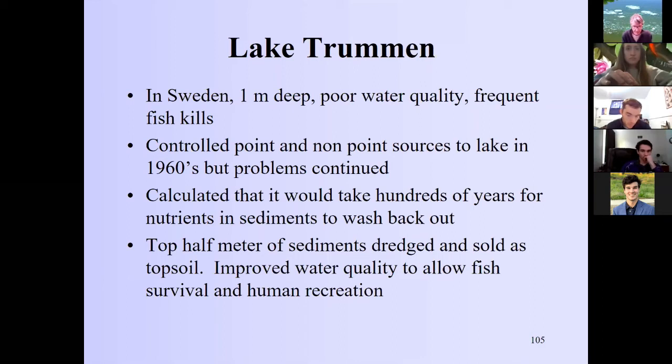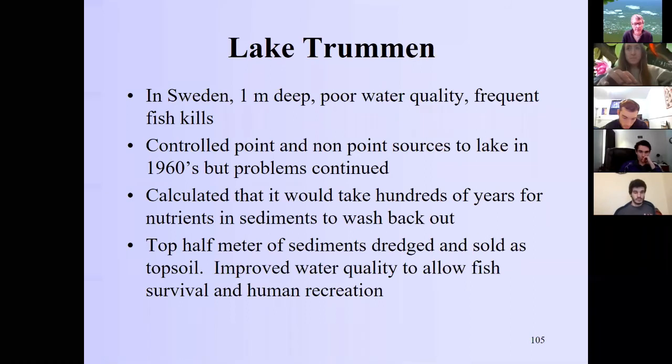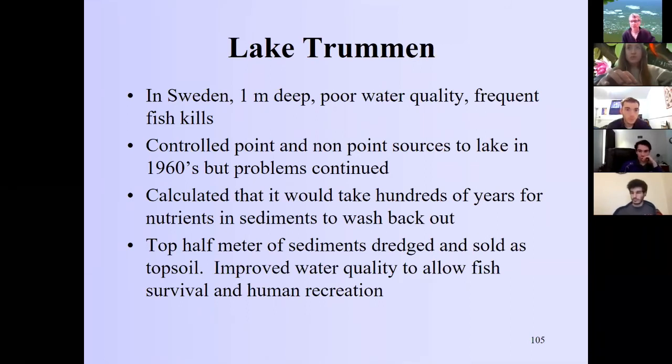The problems continued. And because this lake was so eutrophic and had anoxia, that phosphorus kept coming up from the sediment. And a ton of phosphorus had been stored in that sediment. They calculated it would literally take hundreds of years for the nutrients in the sediments to wash out of the system, given the inflow, the turnover, and then the outflow.